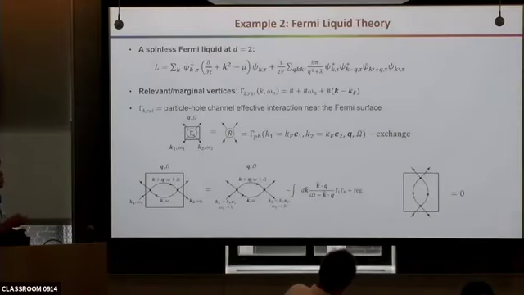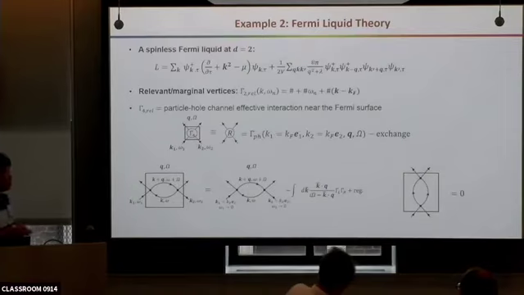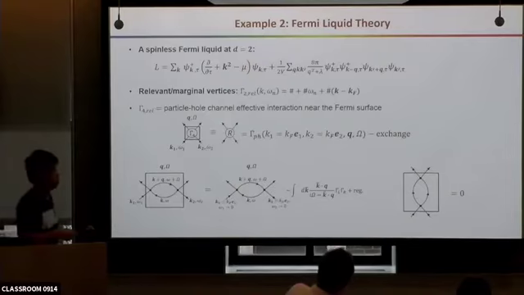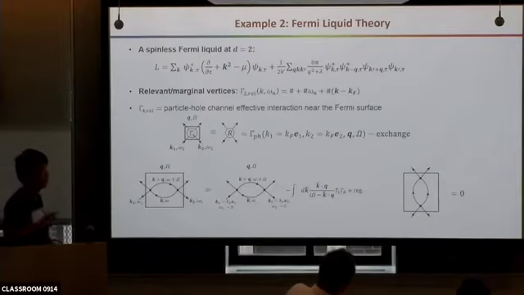So, for example, if you do this one loop diagram for the particle-hole channel, you will find that there is a singular piece that develops, which is a function of the momentum transfer between 2 incoming particles, and the frequency transfer between 2 incoming particles. And this singular function is quite non-trivial, so it will have a different value if you take the limit differently.